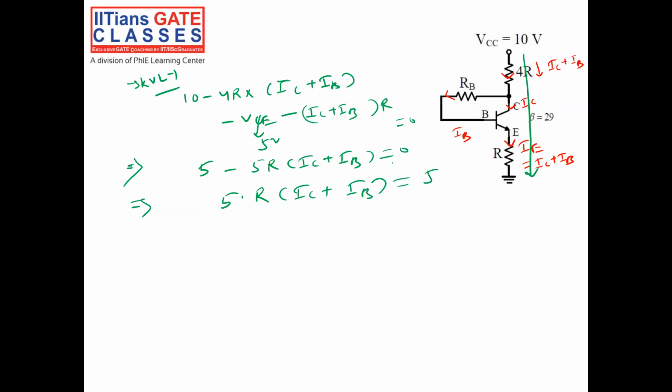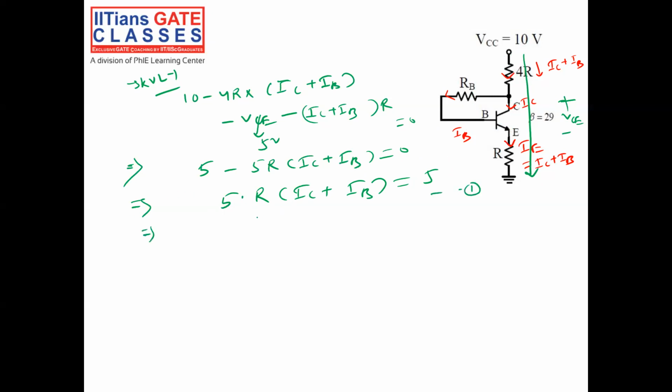Since the drop across collector to emitter VC is VCC by 2, the drop across 4R plus R will be 5R into IC plus IB, equal to 5 volt. Let this be the first equation.